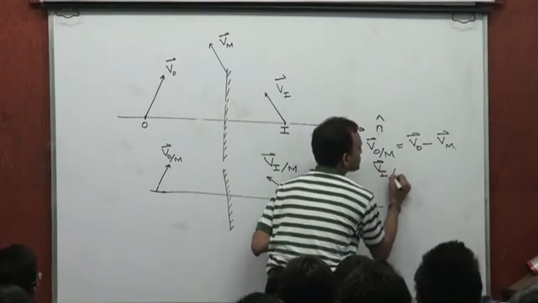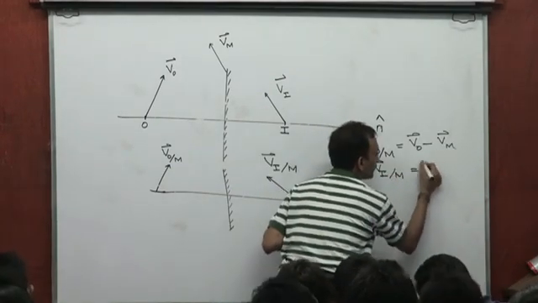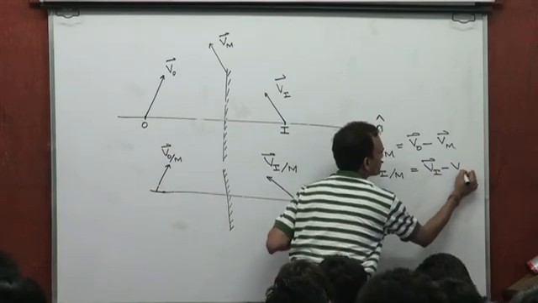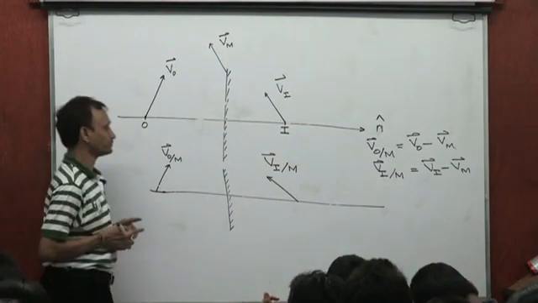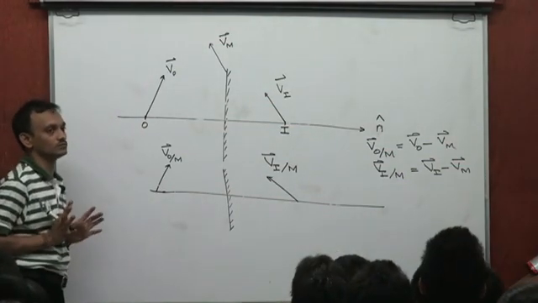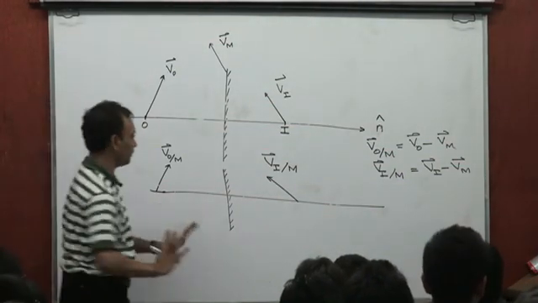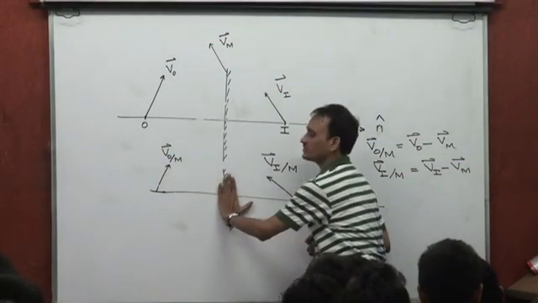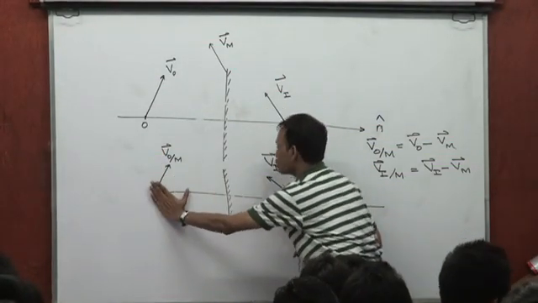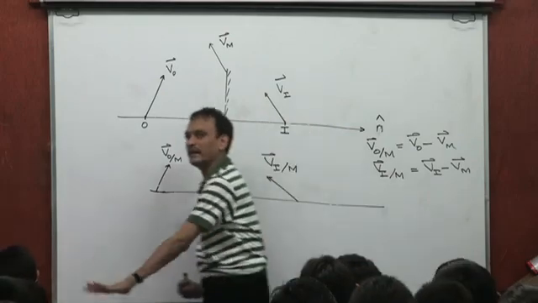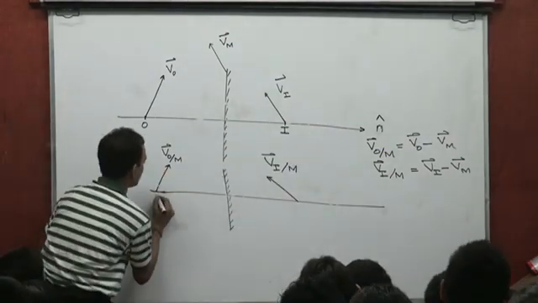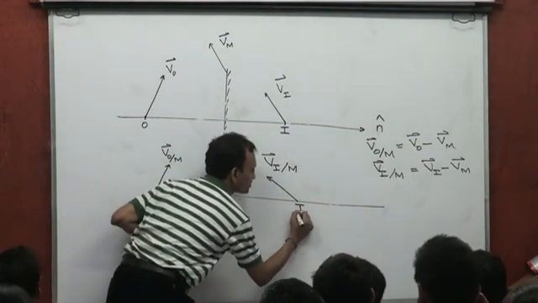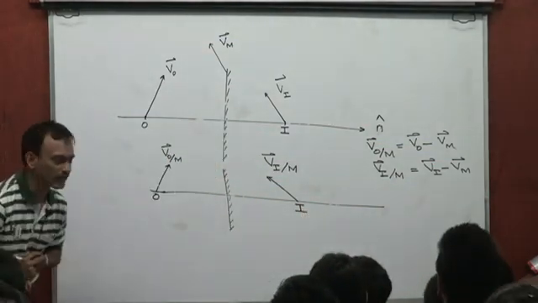The velocity of the image with respect to the mirror is vi minus vm, the vector difference between these two, right? So this is the perception of the mirror about the object and the image. The kinematic status of the object and the image as perceived by the mirror. Alright.